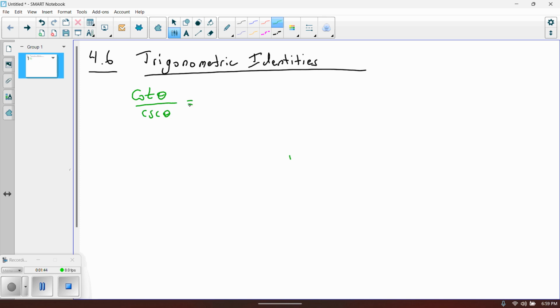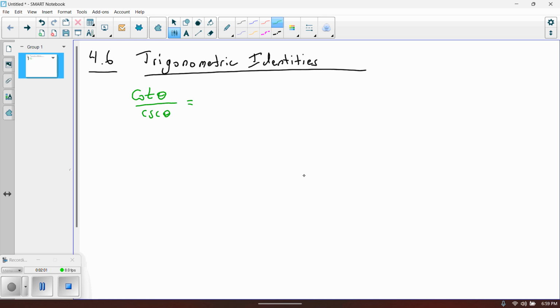In this case, because cotangent and cosecant both have a way to rewrite them in terms of sine or cosine, a lot of times that's going to be the easiest way to try and think about starting to simplify.